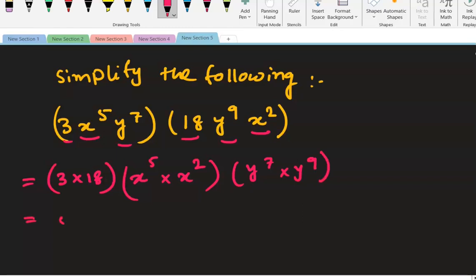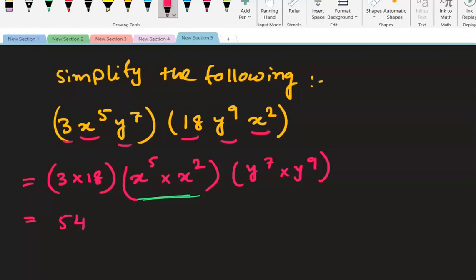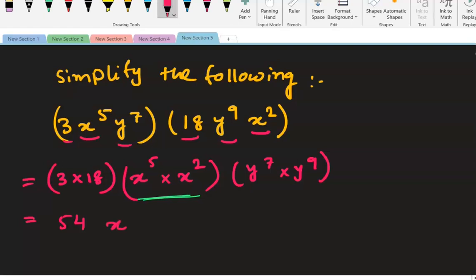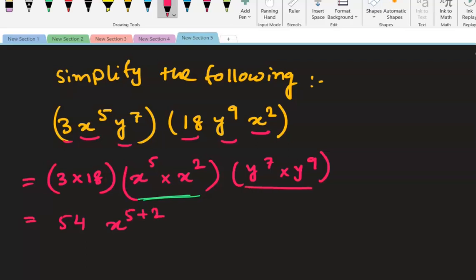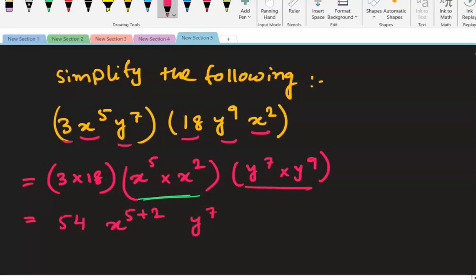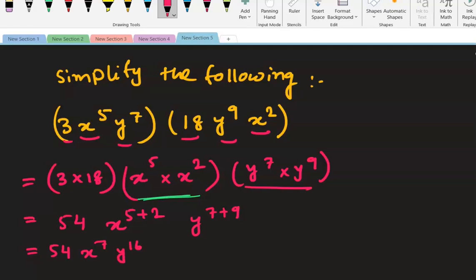What is 3 into 18? That is 54. Now to find this, which law will you use? You have to use the first law. So we will multiply them. Using the first law, we will get x to the power 5 plus 2, and here using the first law, we will get y to the power 7 plus 9. So we get 54 x to the power 7 and y to the power 16. So this is the simplified form.